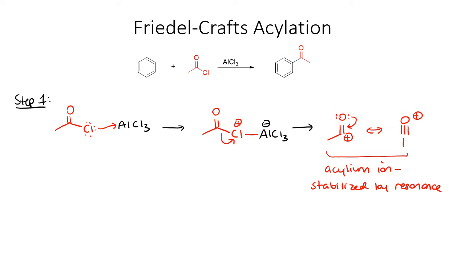So once we have the acylium ion, this is going to be our super strong electrophile, and it can end up reacting with our benzene ring.